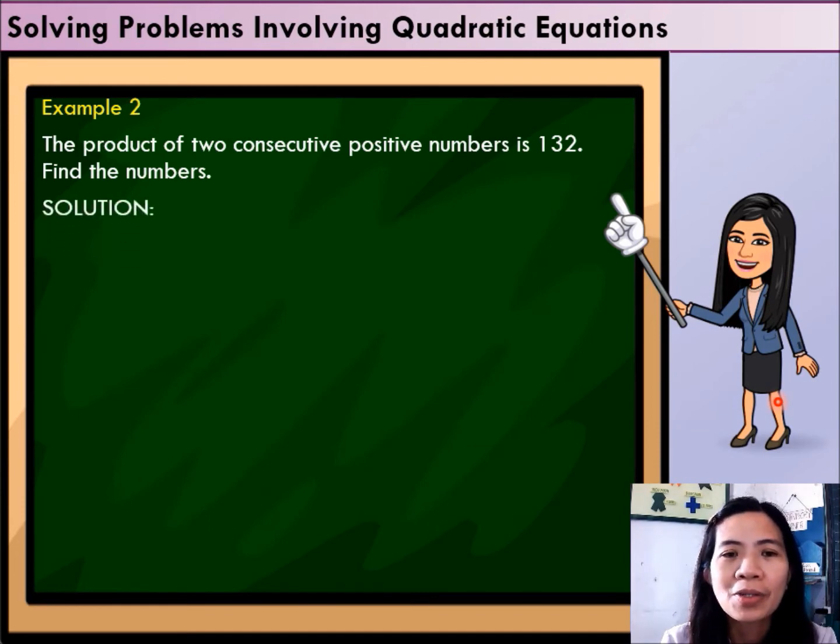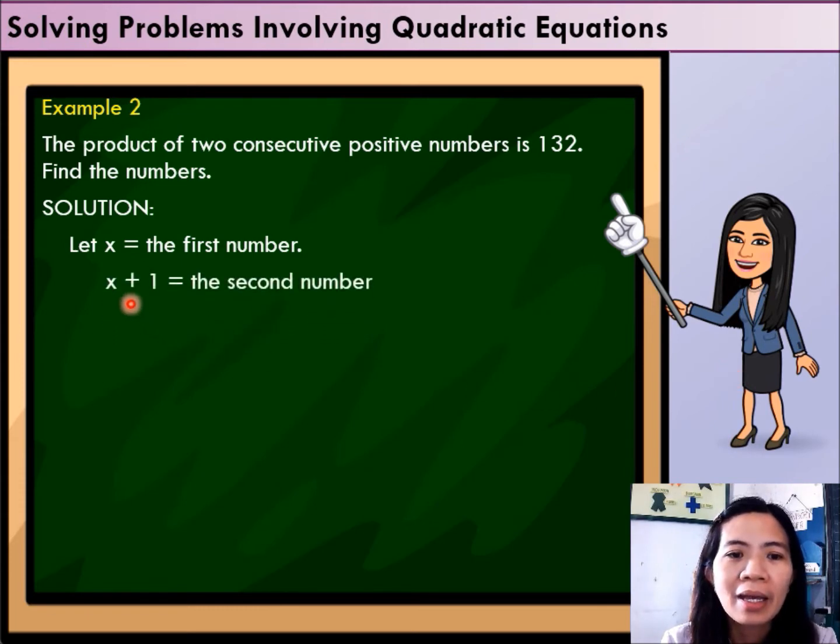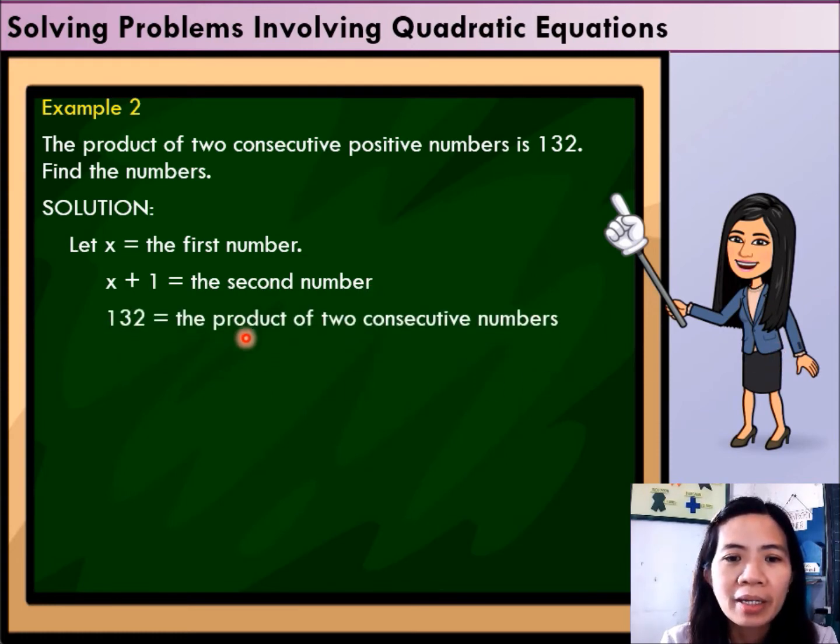So we are going to represent the unknown with variables. Let x be the first number, and then x plus 1 is the second number. Then the product of these two consecutive numbers is 132.